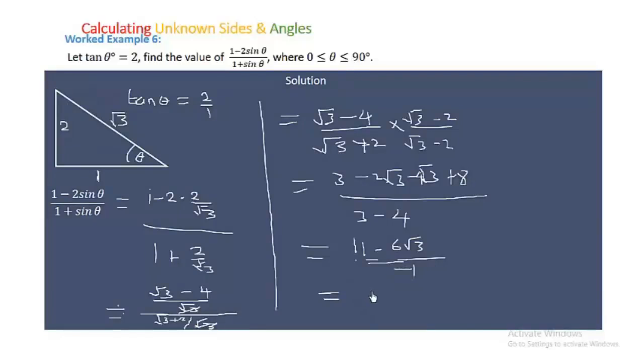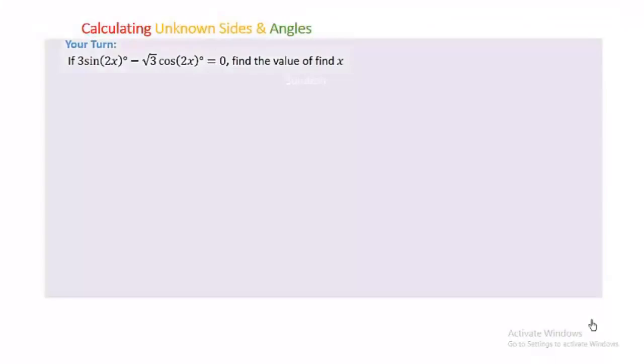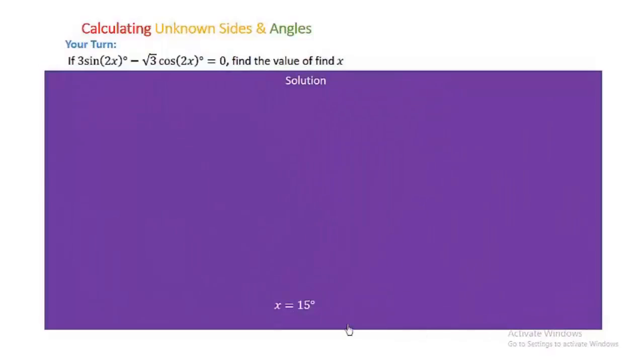So this will give us 6 root 3 minus 11. Now this is your 10. And you should obtain x to be equal to 15 degrees.